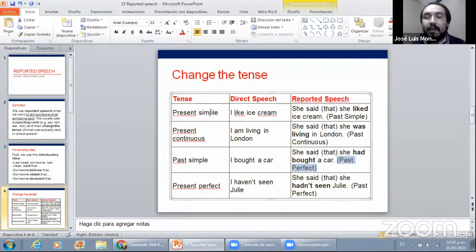But this is it. Do you have any questions about everything? Let me know, please. With this, we are finishing the last lesson, all right? That was the last lesson: passive causative and reported speech. And as you were able to see, reported speech was very simple, but you need to memorize the chart. Any questions? Let me know, please.